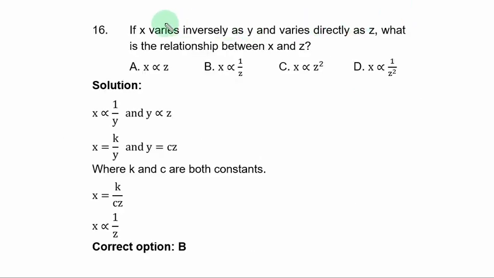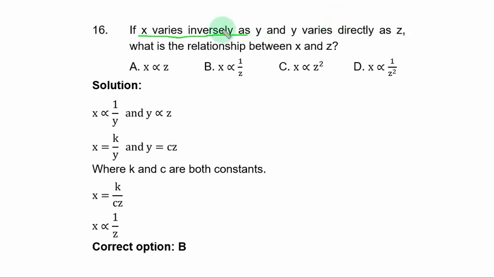Question 16. If S varies inversely as Y and Y varies directly as Z, what is the relationship between S and Z?